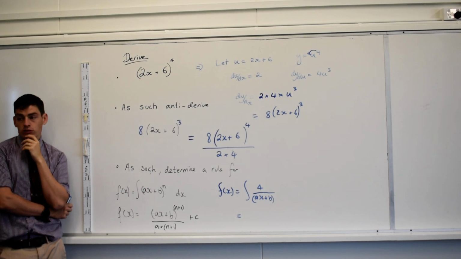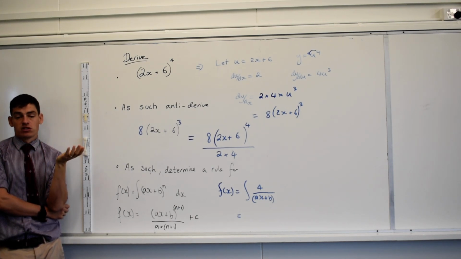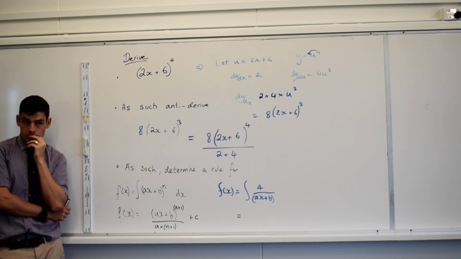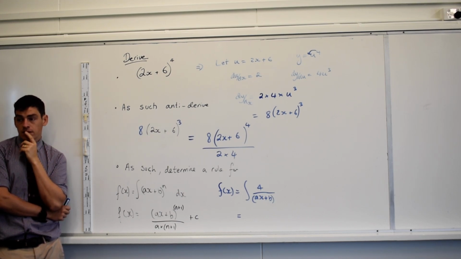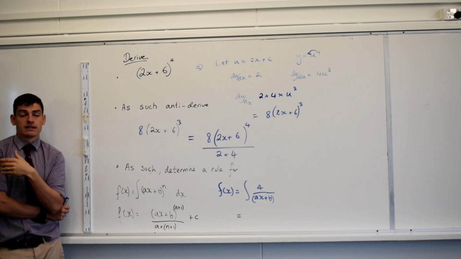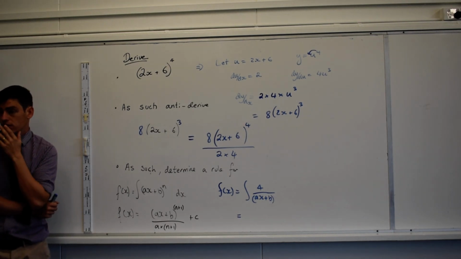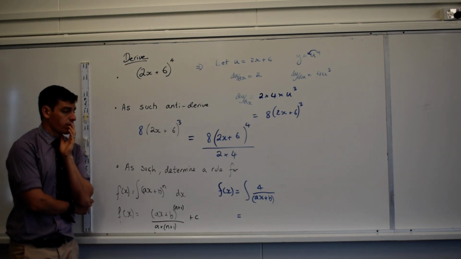So what do we do normally if we're integrating 1 over x? What does it become? What derivative gives us 1 on x? It's a special rule. Natural log, correct? So wouldn't it make sense that if we're integrating 1 on x, we're going to get ln x, correct? So in this case, what are we going to get?